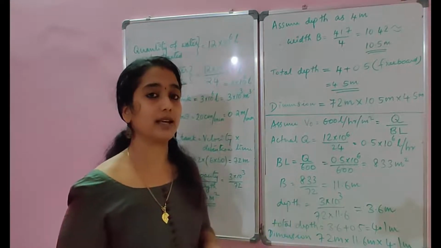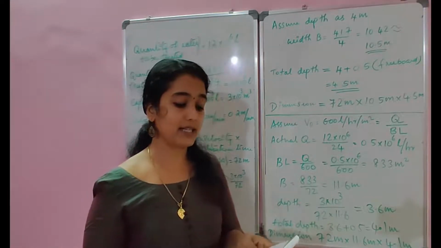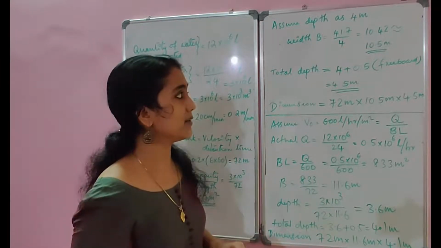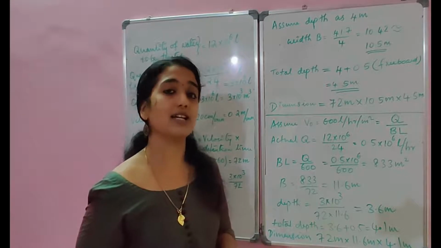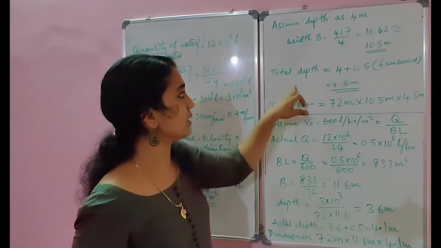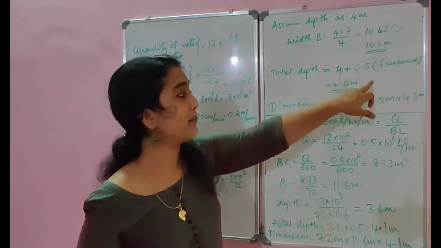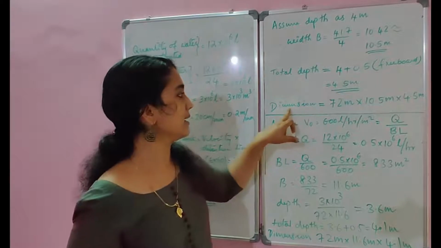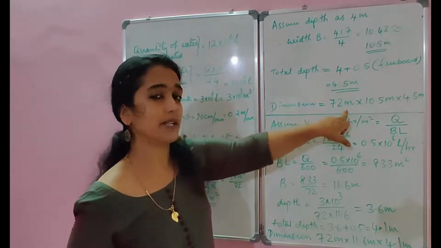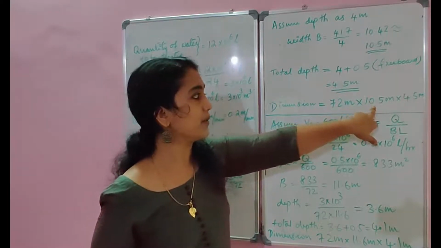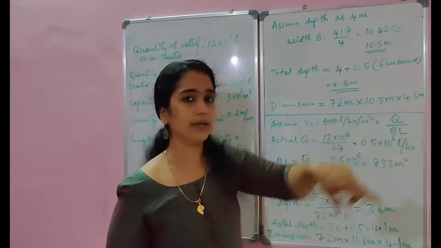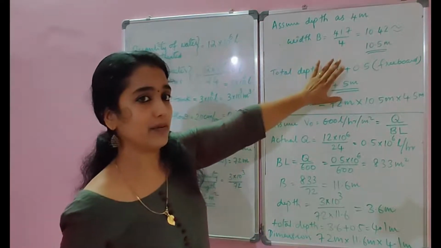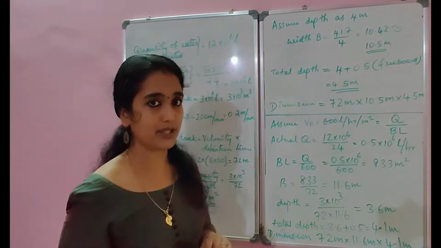In the question itself, it is given that the tank is fitted with mechanical sludge removal, so we are not considering the sludge zone. The total depth is calculated only by adding the freeboard, that is 4.5 meter. Then the dimension of the tank is 72 meter into 10.5 meter into 4.5 meter. This is the design for this plain sedimentation tank.